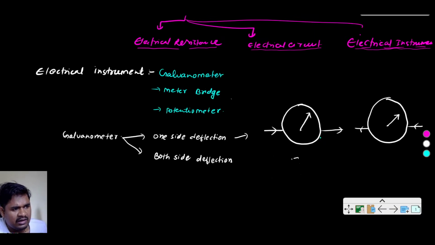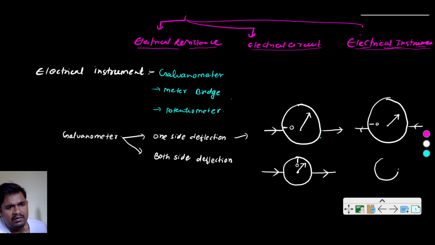In both side deflection, we have a galvanometer here. Current is coming like this way, and it deflects in this direction. Here this point is the 0 point, and here this point is the 0 point, and then you will have another one.